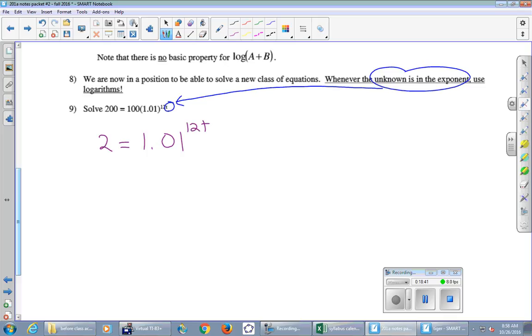And now that we've isolated that exponential thing, what are we going to do to both sides? Yeah, take a log of both sides. You could use log base 10. You could use log base e, the natural log. You could use log base 17. Again, we're just going to pick one of the first two because we have buttons on the calculator. So let's use ln on both sides. So ln of 2 equals ln of 1.01 to the 12t.